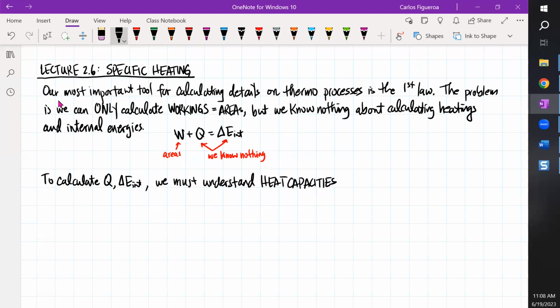Heat capacities, since it plays a central role in ideal gases.